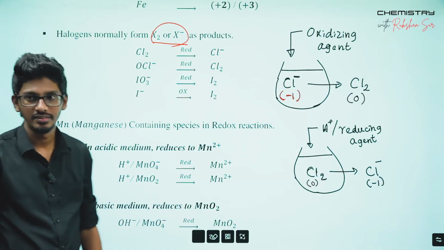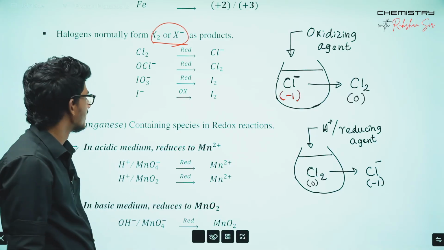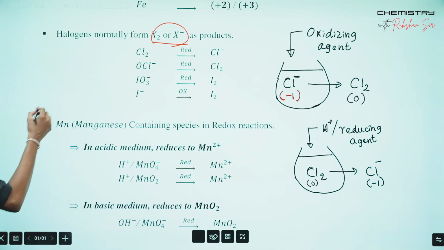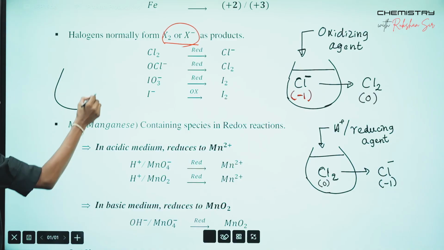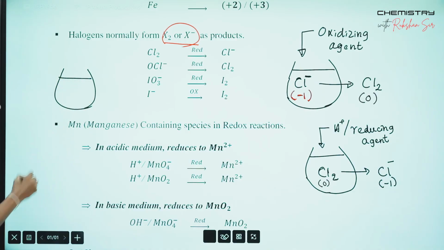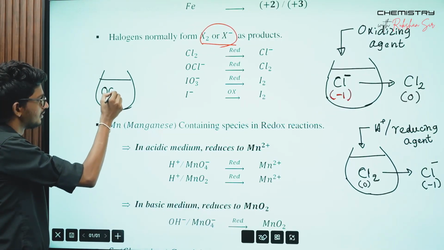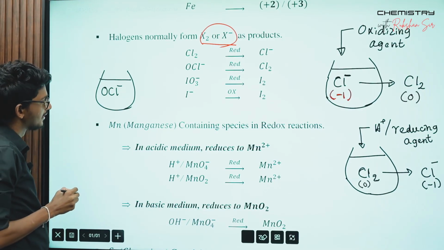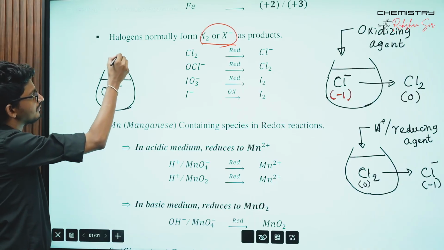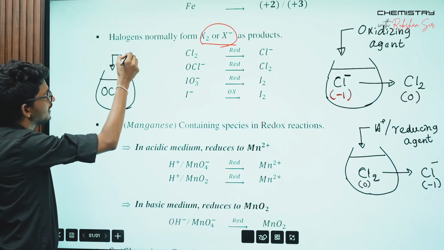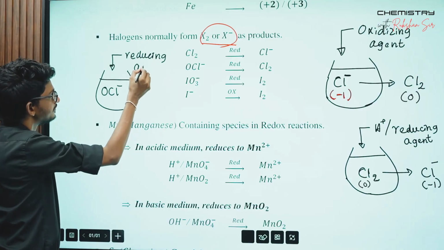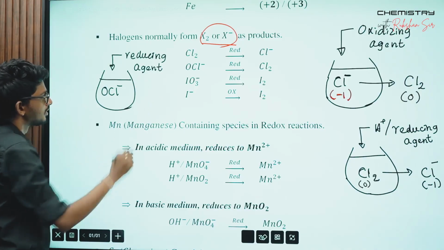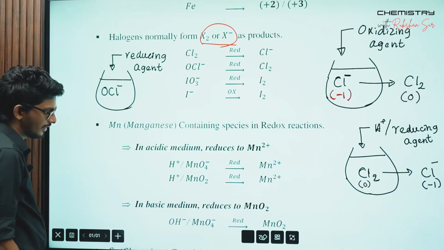Clear? If you need some other example, let's say you have OCl minus, and you are adding some reducing agent from the top. What will happen?